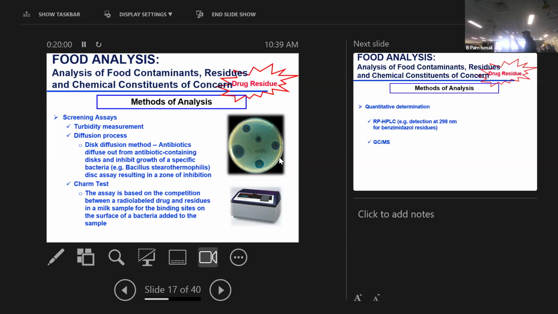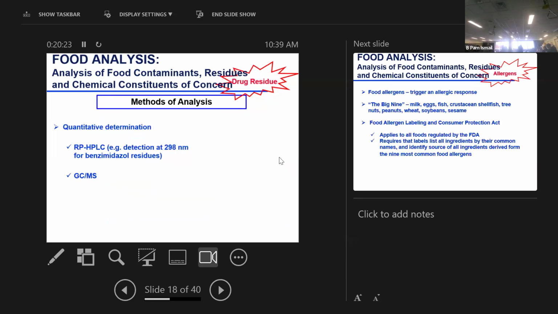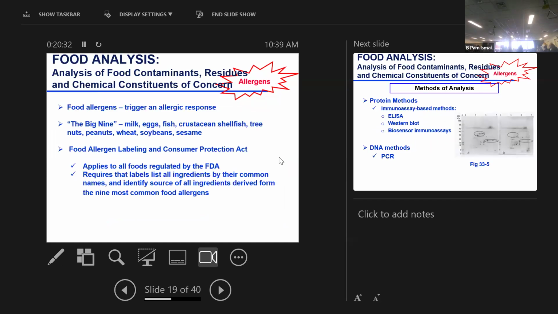But if you don't have it, the radio-labeled drug will react with the bacteria and then you measure radioactivity. So it's competitive. If you have it, you will have less radioactivity. If you don't have it, you will have more. The same principle. It's called the charm test. And then also you can do quantitative analysis by HPLC or GC with detection by MS.